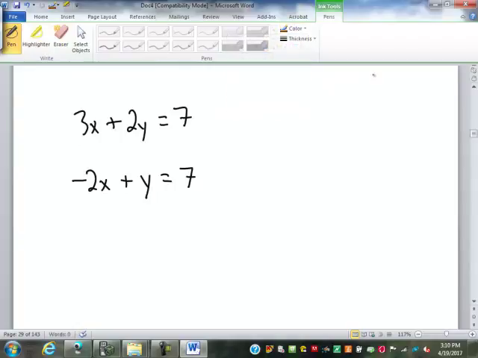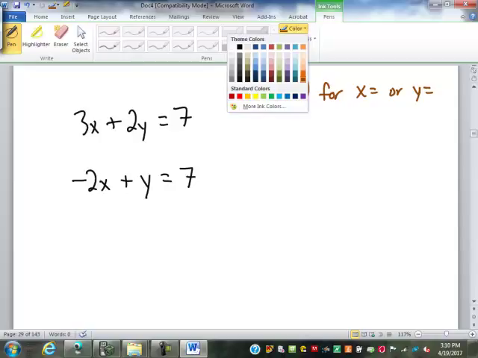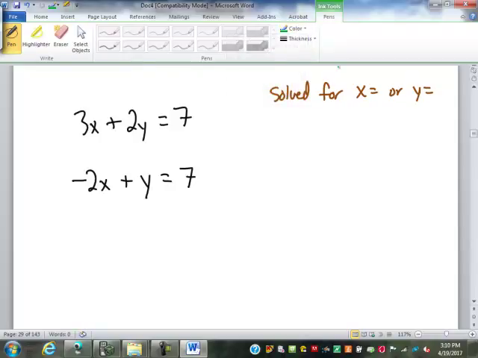So looking at these, again we ask, is one of them solved for a variable? So solve for either x equals or y equals. In this case, is either one of them set up like that? No, it's not. So that doesn't work.